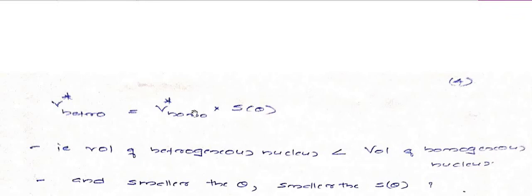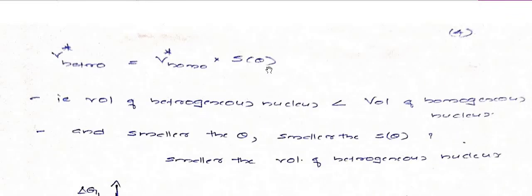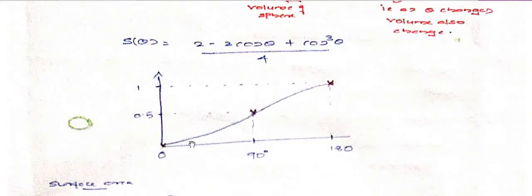And we can say that as theta comes down, the volume of the heterogeneous nucleus also comes down. Please see this graph. As theta comes down, the S of theta value is also coming down.